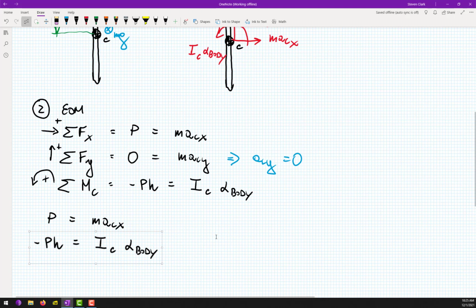And how many unknowns? This is not known. This is for sure not known. And I think we also don't know the point of application, yes? So we have 2 equations and 3 unknowns. And I think I need some help finding the third equation. Do you remember what the recipe was a couple of weeks ago?